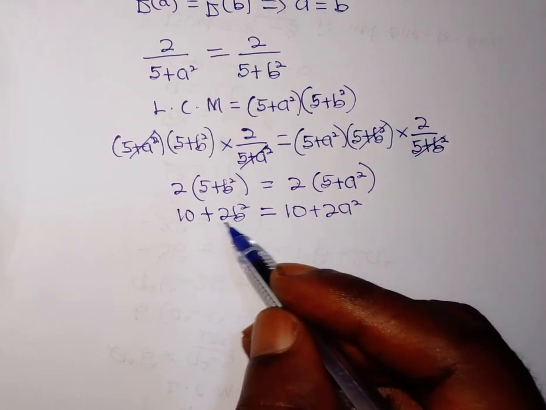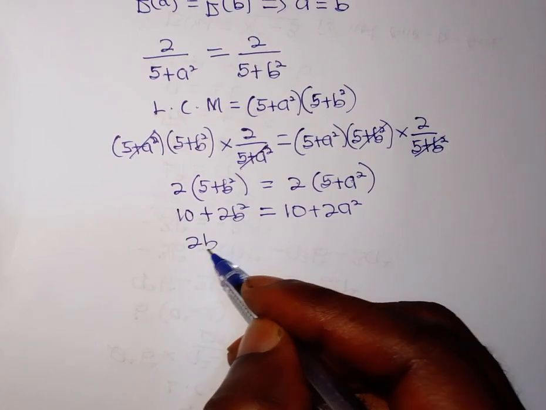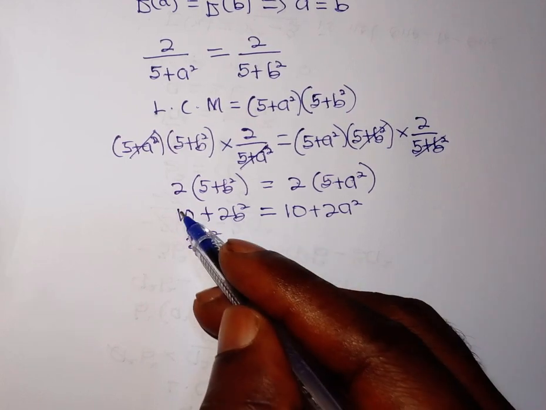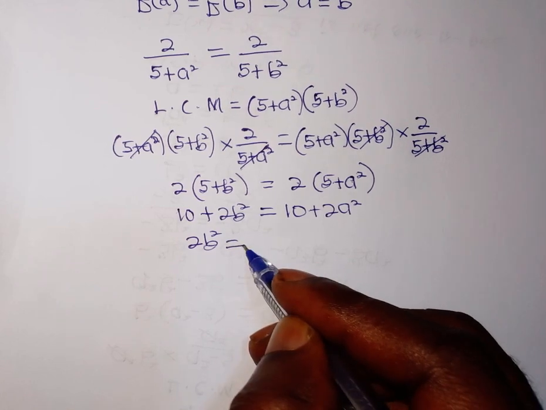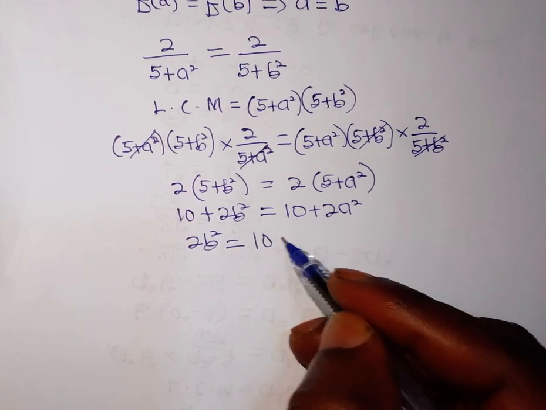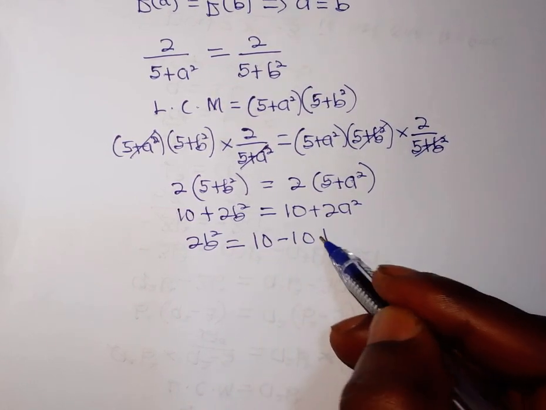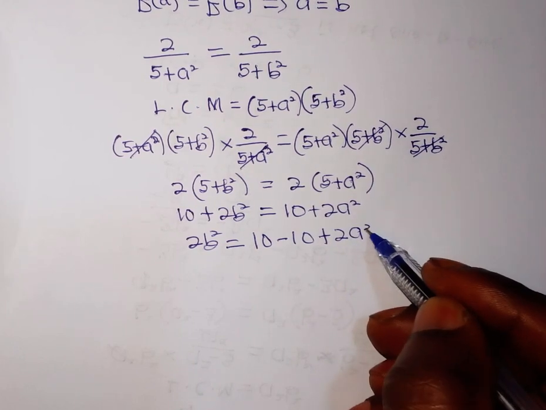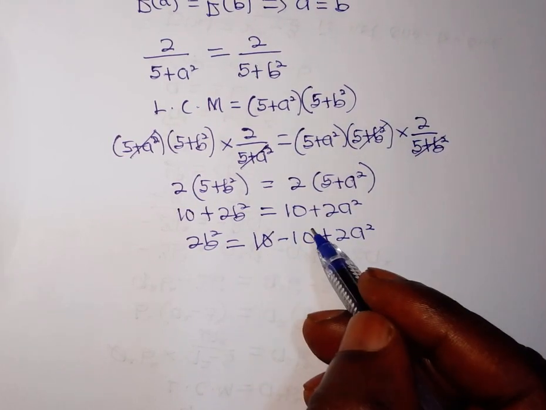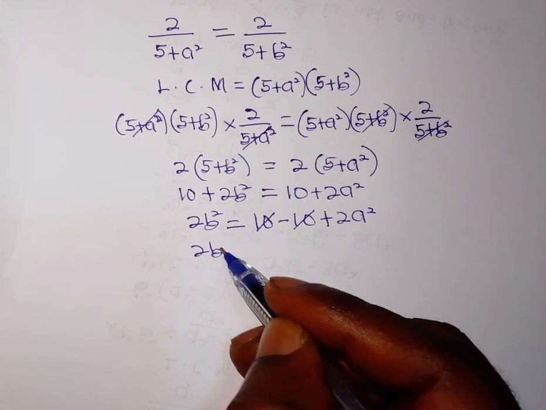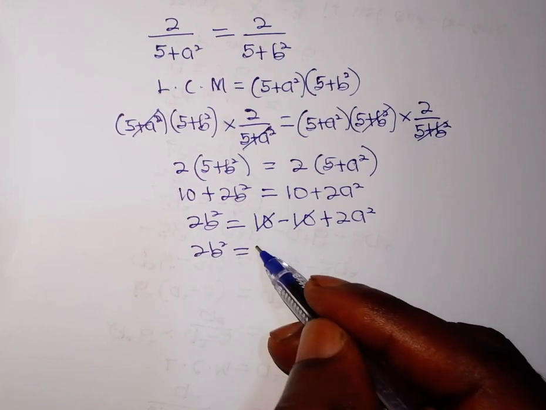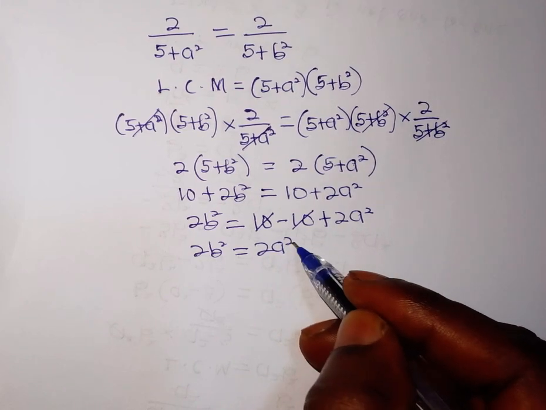I will just maintain my 2b squared and transpose this 10 to the other side of the equation. So I can have 10 minus 10 plus 2a squared, where this one crosses out. Then I have 2b squared is equal to 2a squared.